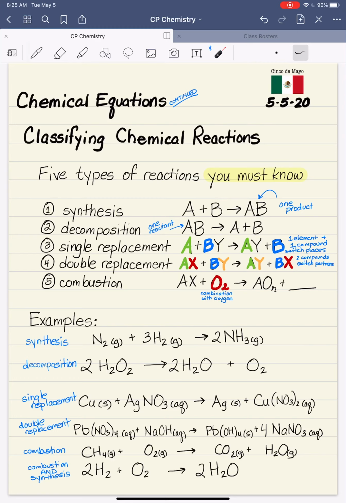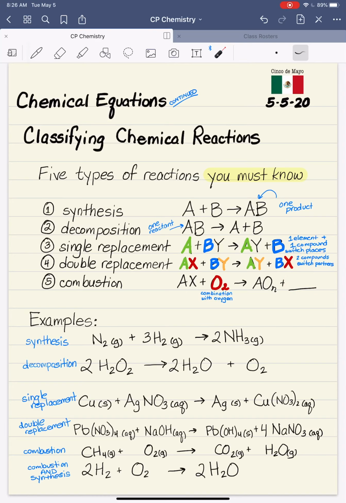All right, so the model here is any compound, or actually it doesn't have to be a compound, could be an element, combining with oxygen, O2, to form some oxide, plus usually some side product.